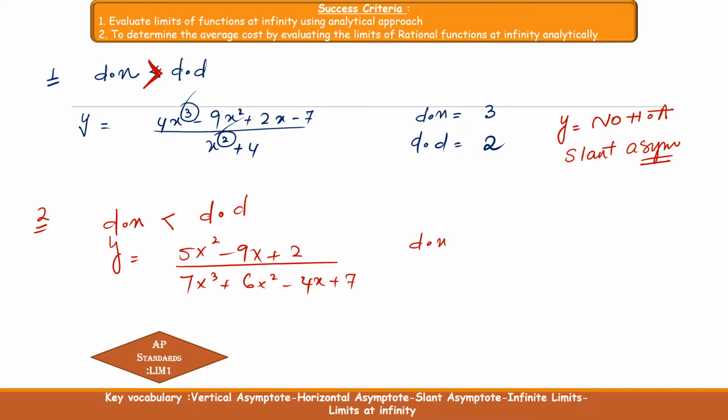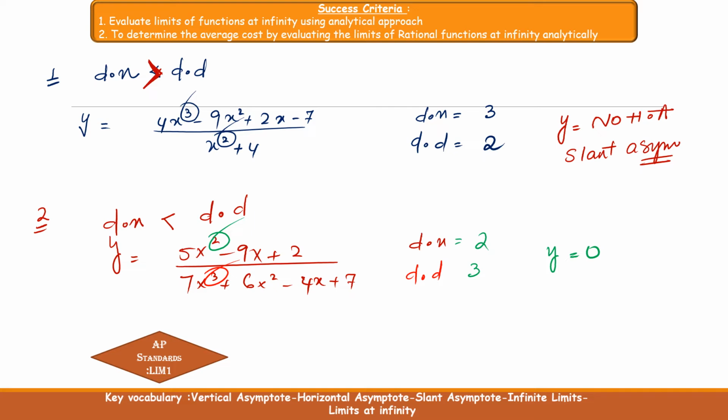What is the degree of the numerator? The highest degree is 2. What is the degree of the denominator? The highest degree is 3. So you can see that the degree of the numerator is less than the degree of the denominator. So the horizontal asymptote will always occur at 0.